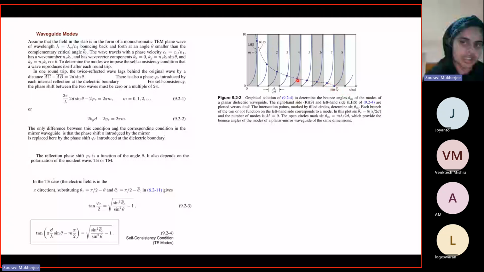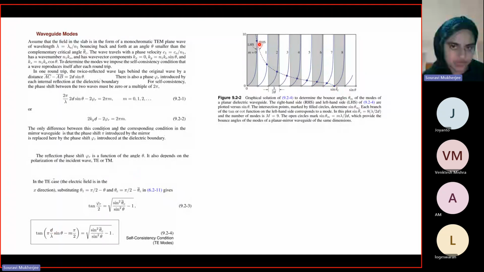And then you count the number of times these two relations have a common intersection. These are the specific modes that your waveguide can hold, or the modes that can transmit, basically. If you look closely, each of these points is lambda by 2d, right?